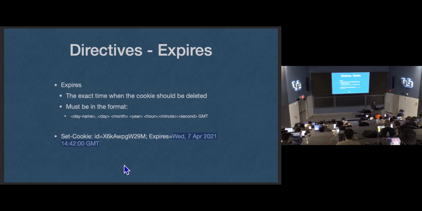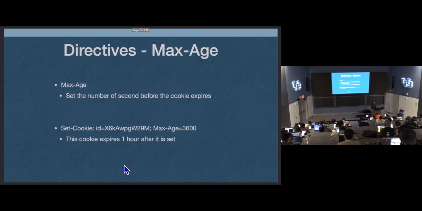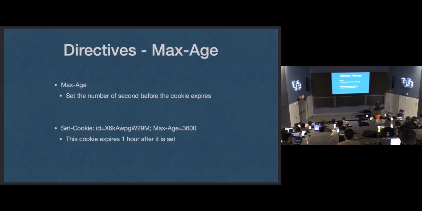But expires is cumbersome, I'll say. On the much better side of things, max age, usually more of what we're interested in, is setting an amount of seconds after which the cookie should expire. If you're using expires, you would probably be doing some math to take some max age and then compute the expires.